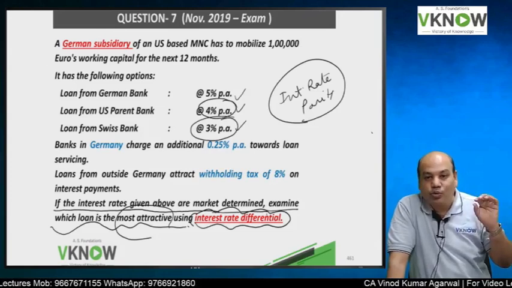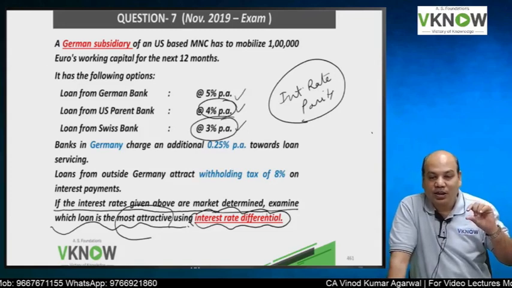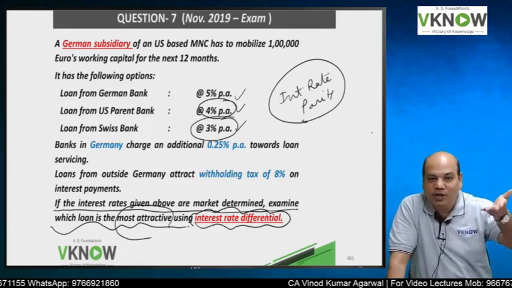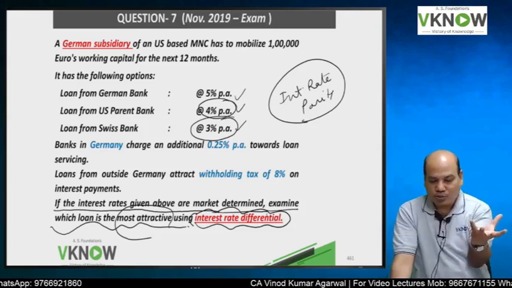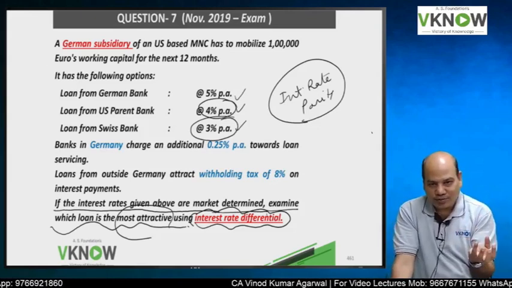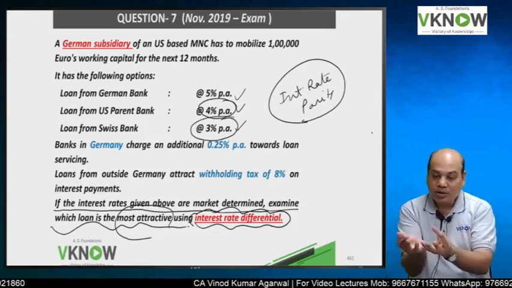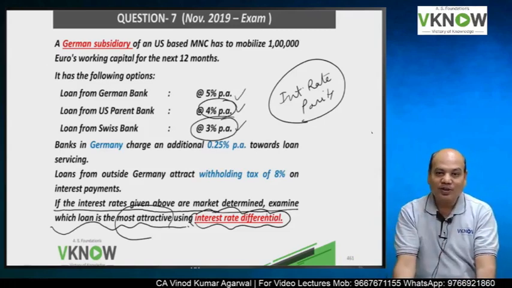So you have one more hidden cost, and that is the exchange premium that you will have to pay at the time of repayment. If you suppose borrow $100 today, convert into euro, after 1 year when you go to pay, the rate of exchange will not be the same.